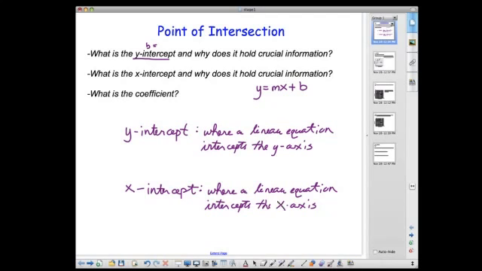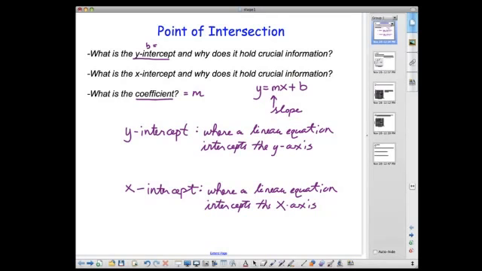And lastly, what is the coefficient? Now, the coefficient is the number that is attached to the variable by multiplication, and in this case, that's our m. Now, previously we didn't know what m was, but now we know that m is slope. Therefore, m is most commonly our coefficient.